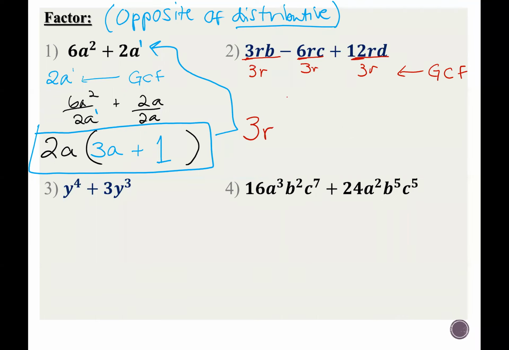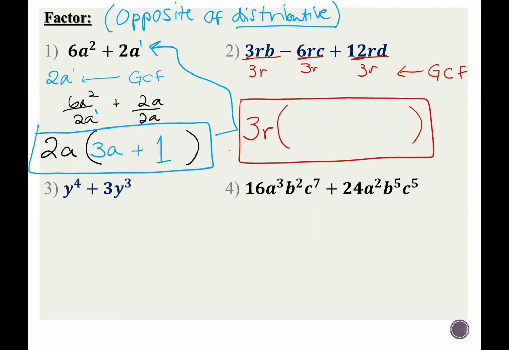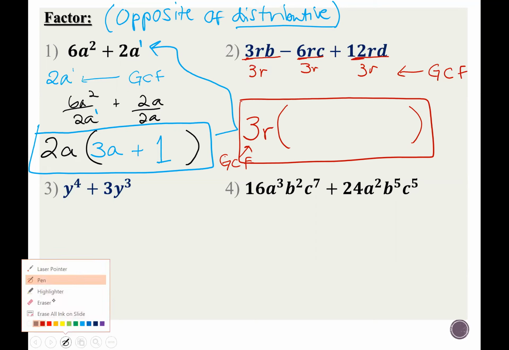So we're going to factor out the 3R. This will become part of our final answer. So there's our GCF on the outside of the parentheses. And when we divide each term by 3R, notice that there's 3 terms in the original problem. I should now have 3 terms left over in my final answer.